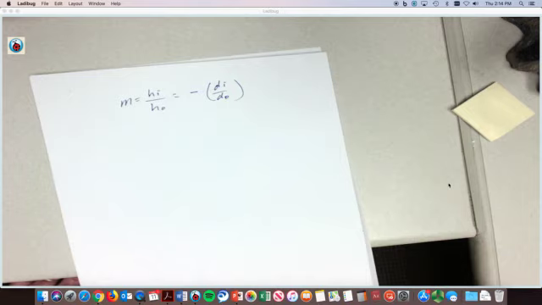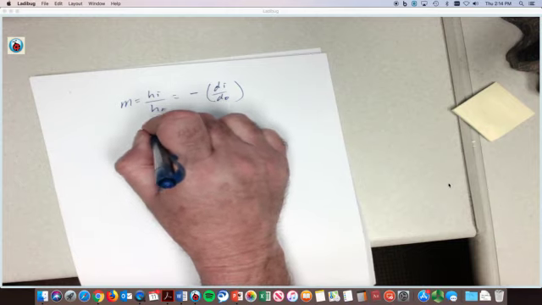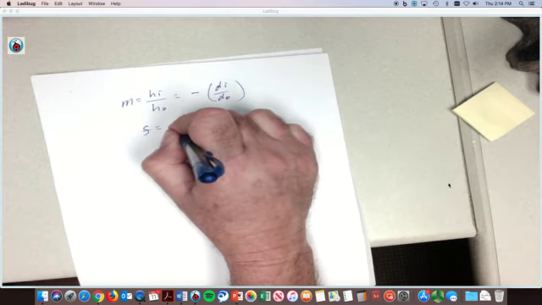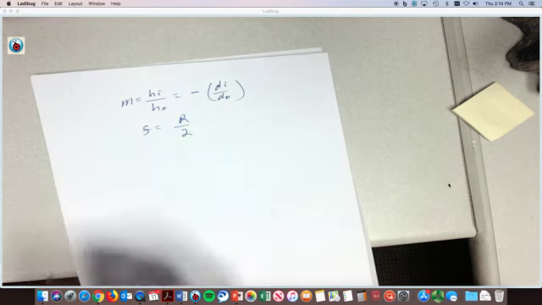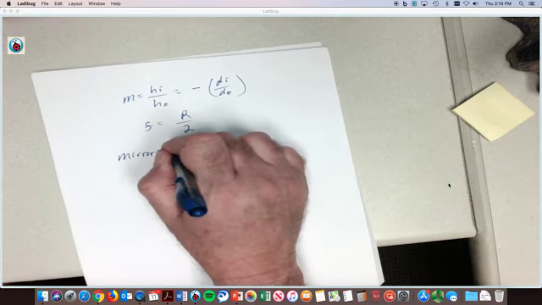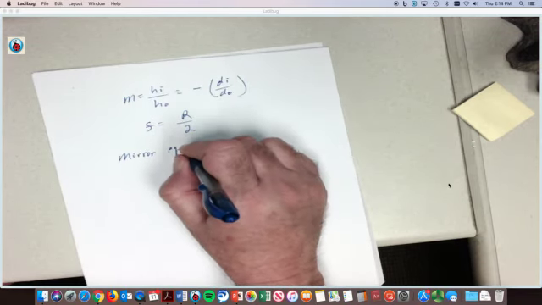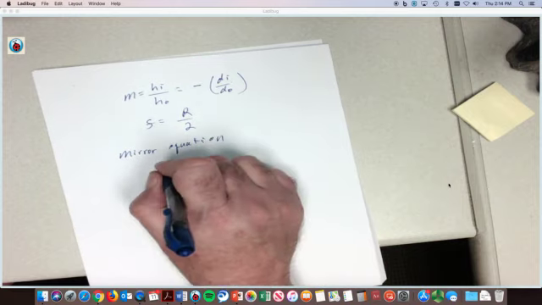Okay. All right. And here we go. We know that F is equal to R divided by 2. Now here is our mirror equation. It's only one equation. It's really cool.